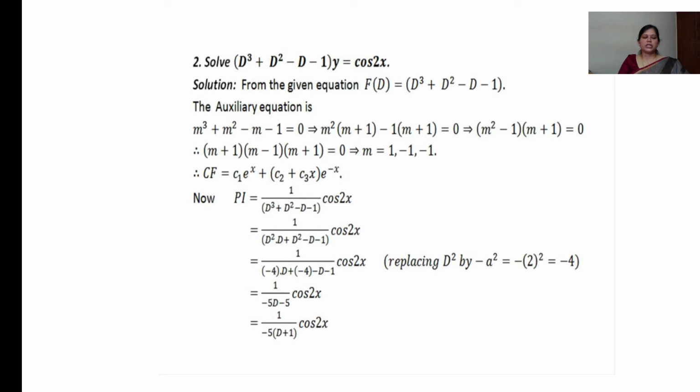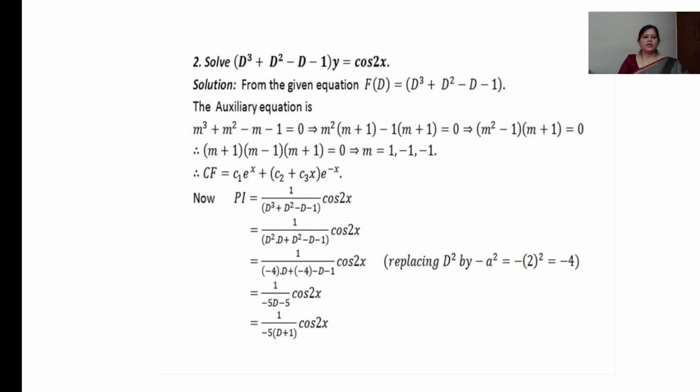Now we are going for the particular integral. The particular integral formula we know: PI is equal to 1 by f of D into f of x. Here f of D is D cube plus D square minus D minus 1 and f of x is cos 2x. That's why PI is equal to 1 over D cube plus D square minus D minus 1 into cos 2x.